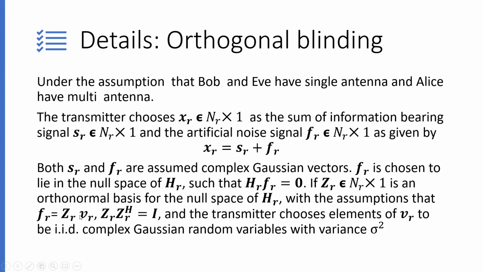We multiply the orthonormal basis of the channel with the noise signal to design this FR, and we add it to our signal. When this signal passes through the channel, it will hurt the attacker without hurting the legitimate node.